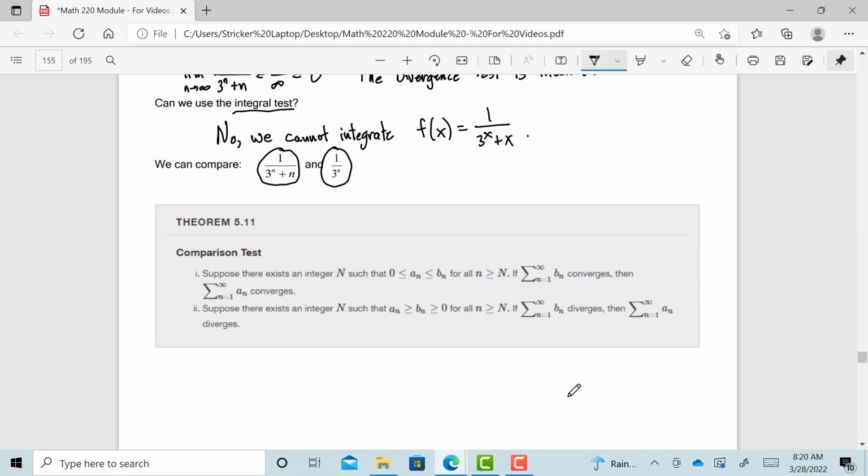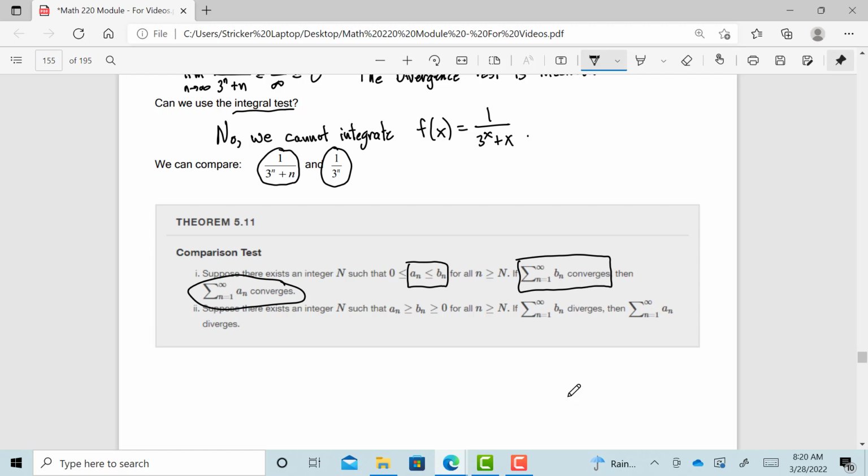So what's this saying? If we have some series, b sub n, that we know converges, and for every term in that series, b1 is greater than or equal to a1, and b2 is greater than or equal to a2, and b3 is greater than or equal to a3, then we know that the series of a sub n must also converge, because the terms of b sub n are going to add up to something.